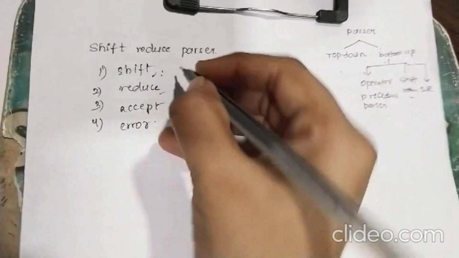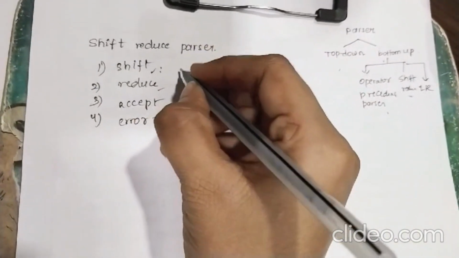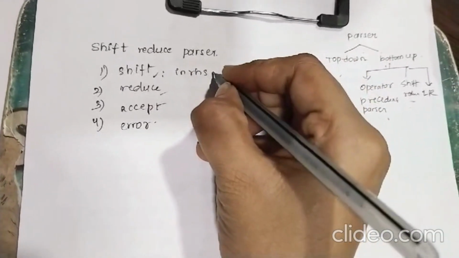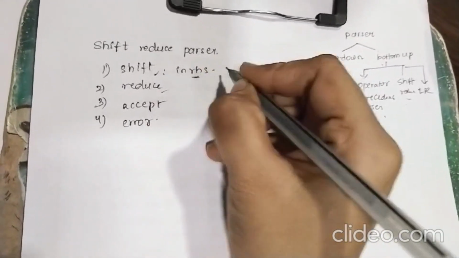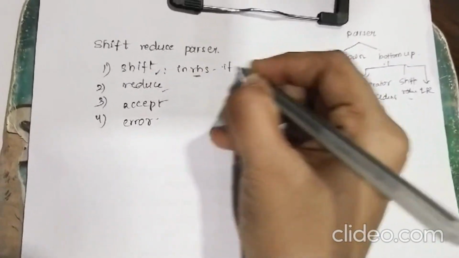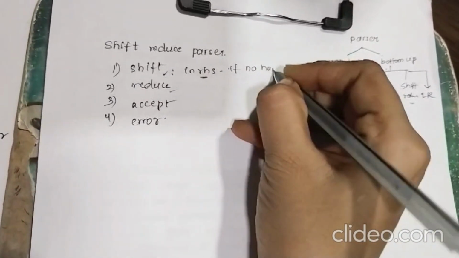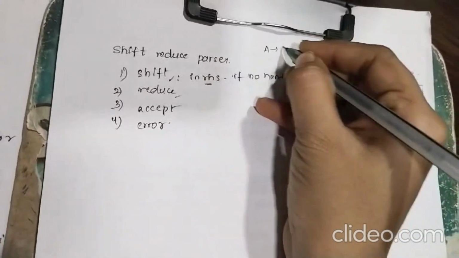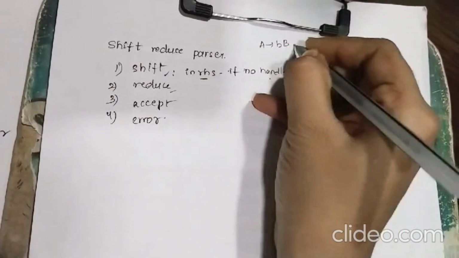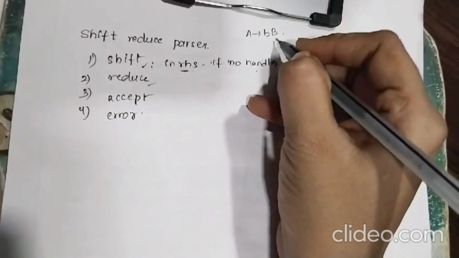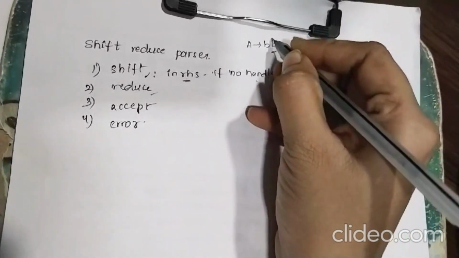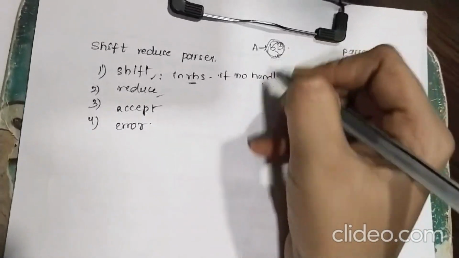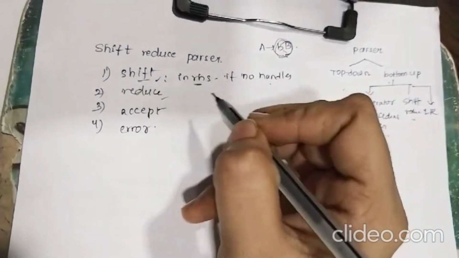Shift means, in the predictions in RHS part, if there are no handles, means if there are no RHS, suppose A produces B, and this B is not there in your stack, then we perform shift operation.